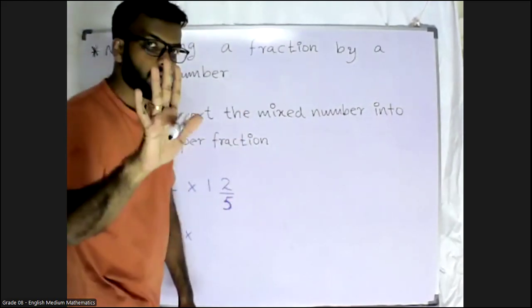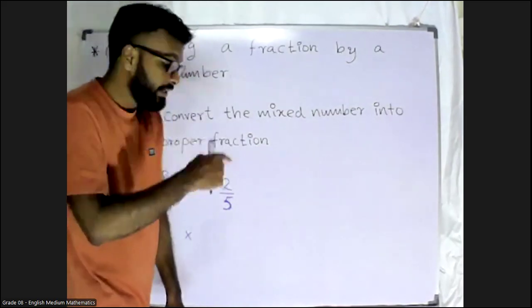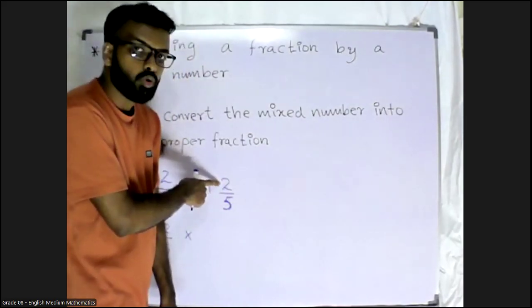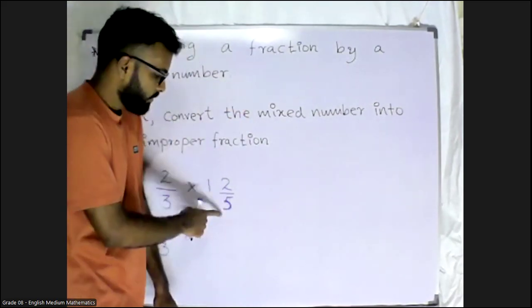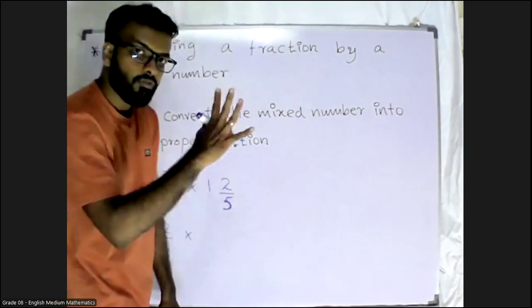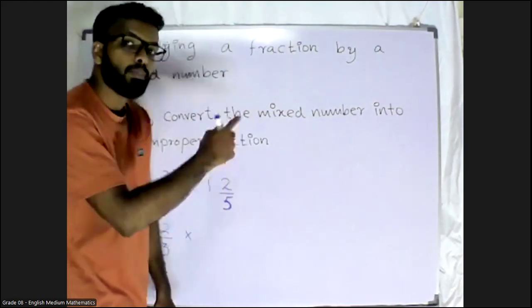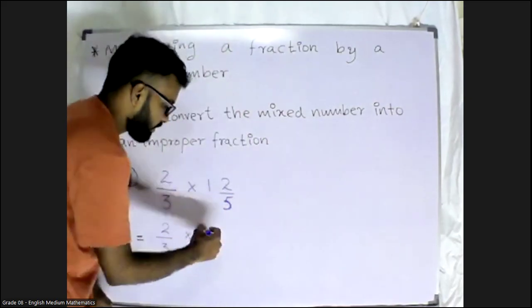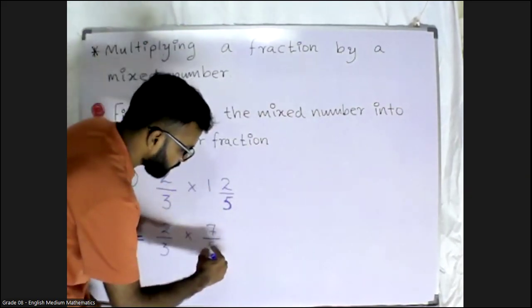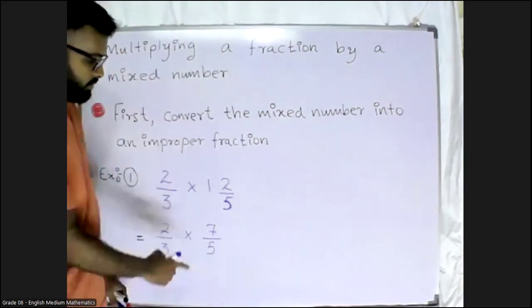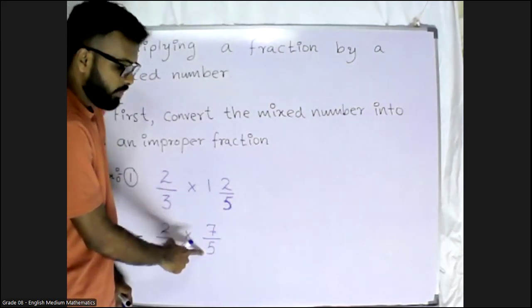Keep that in your mind, and add the 2 to the number you keep in your mind: 5 plus 2 is 7. 7 is the numerator, the denominator is 5.